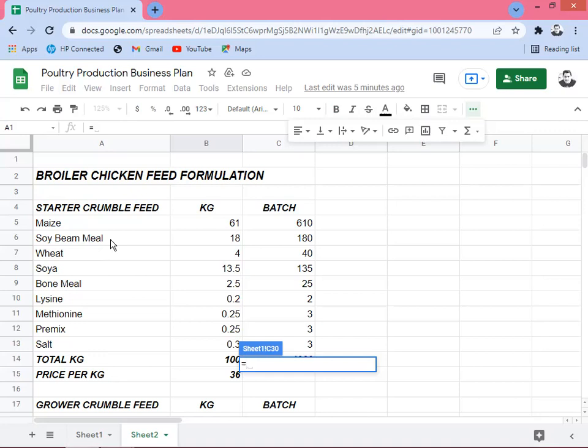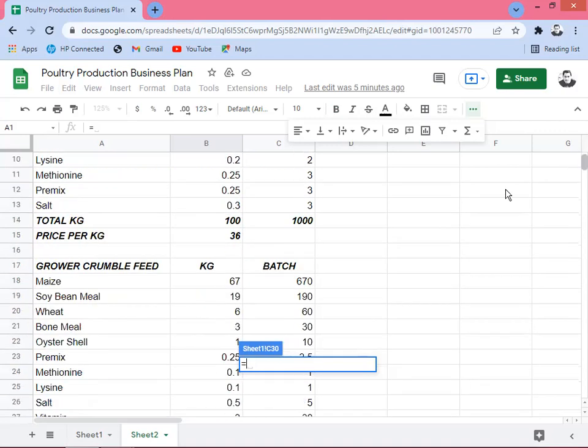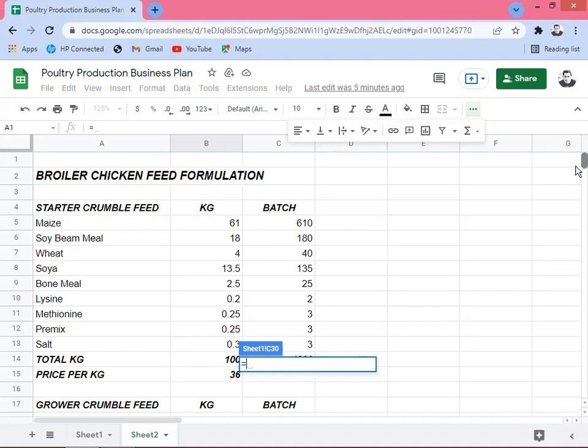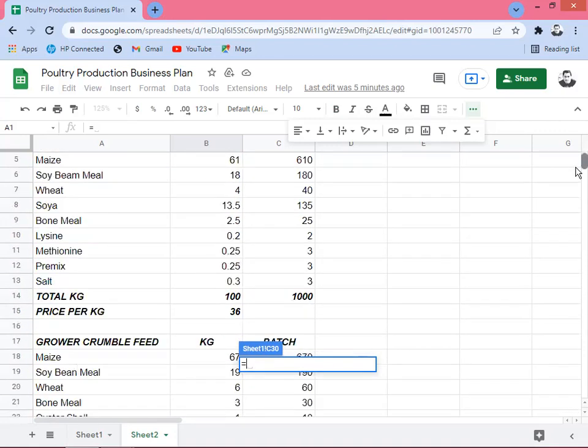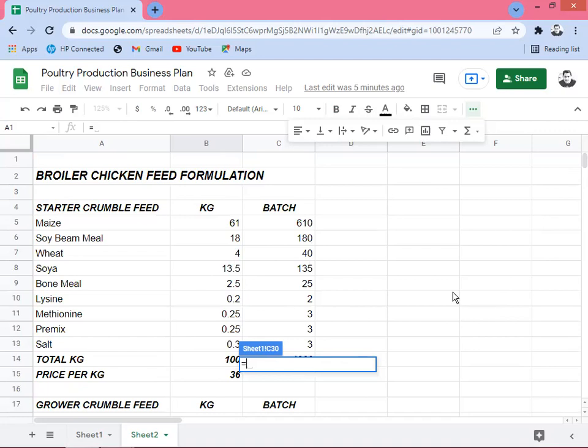Then the soybean meal, with the corresponding kilogram. The total would be 100. If you're going to batch it with your own feed mill, the usual batch mixture is 1,000 kilogram, so you mix 1,000 per batch.